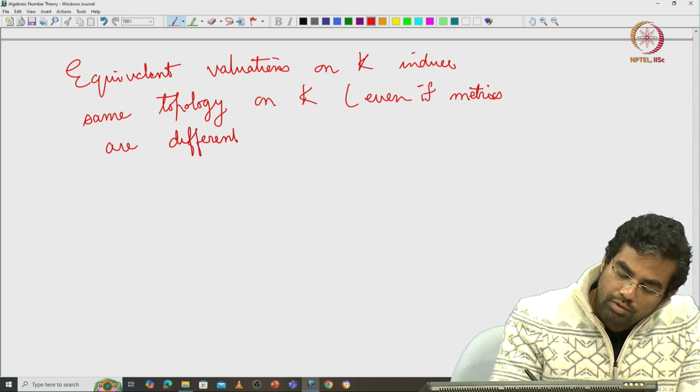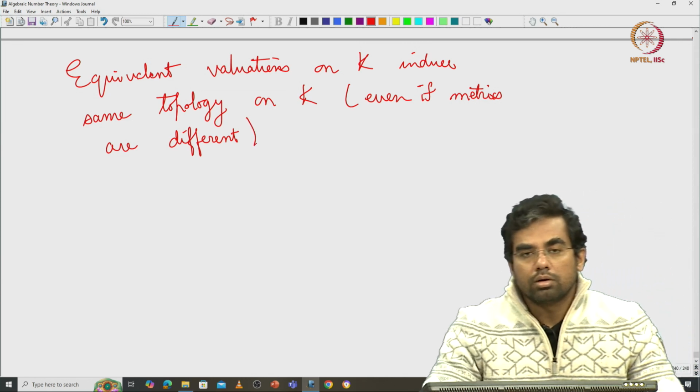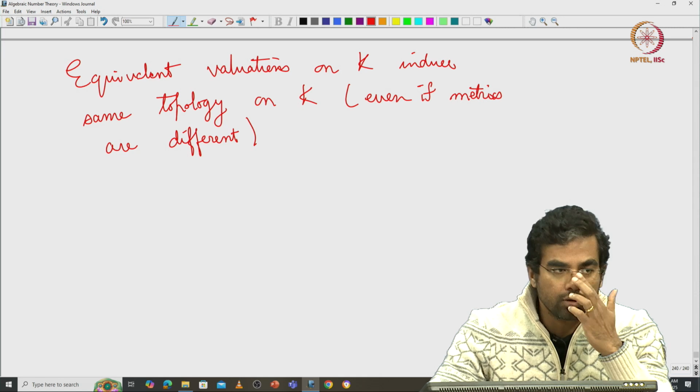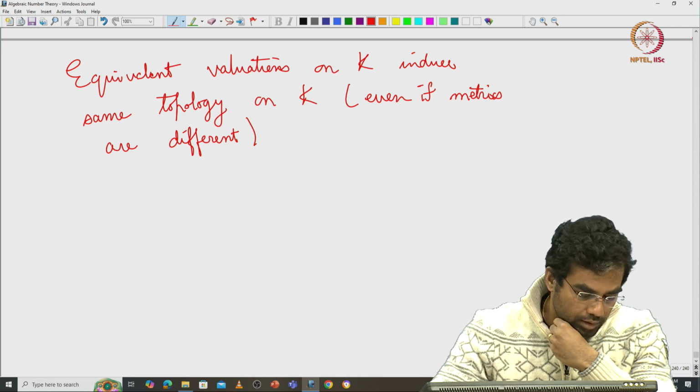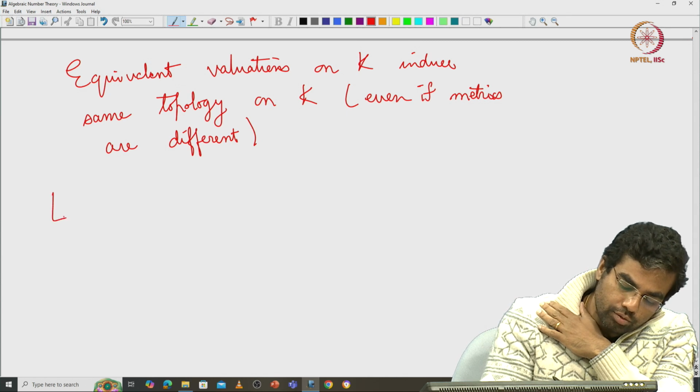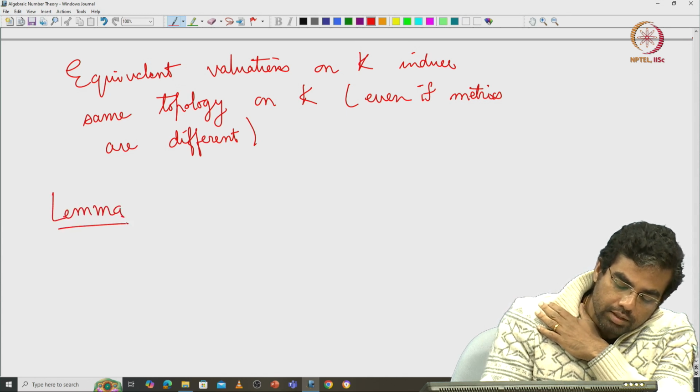Okay. Two different ways of defining distance on a space can give you the same topology. Okay. So, the converse is also true, and that is the lemma that I had started stating.